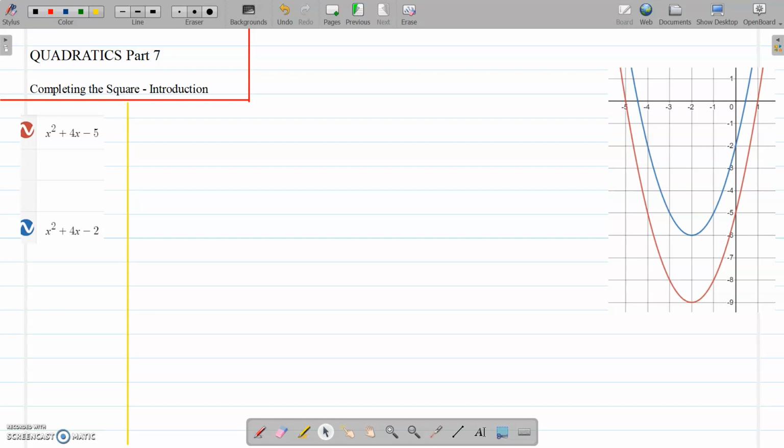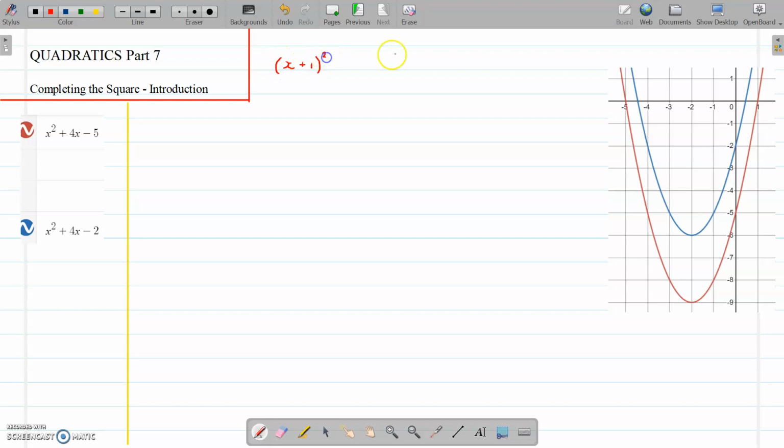Okay, so this is what you need to understand first of all before we start to look at completing the square. If you take a perfect square and multiply it out, what happens? Let's do some examples of that first. So these are what we call perfect squares. For example, let's say x plus 1 squared.